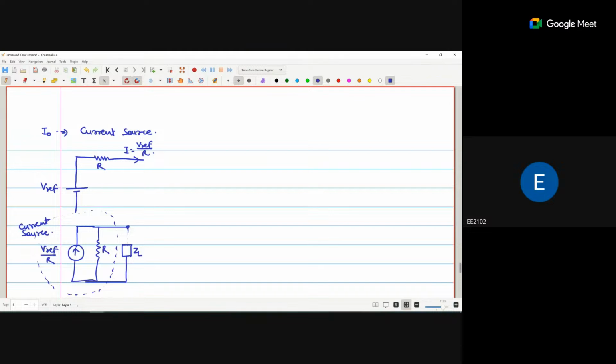Ideally, this resistance should be infinity for an ideal current source, and zero for an ideal voltage source. If R is infinity, no current will go in this branch, and all current will pass through ZL. Similar to the voltage source, we have an internal resistance connected in series.